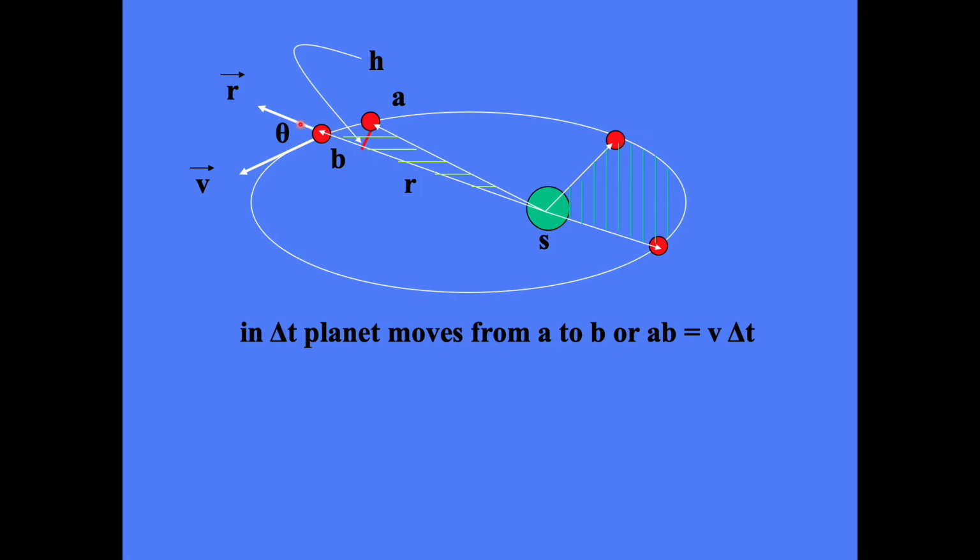Between this line and the velocity vector, you have vertical angles. So where you see my pointer, that angle is also theta. So the height of this triangle, this is a right triangle here, the red line, is just going to be AB sine of theta.